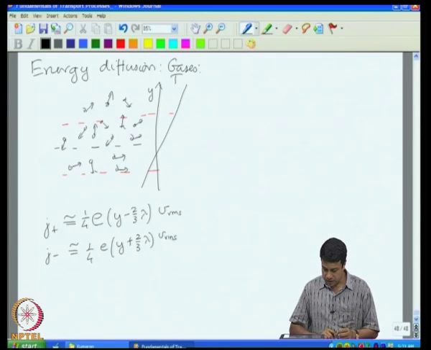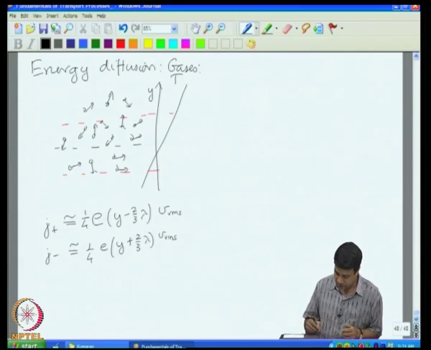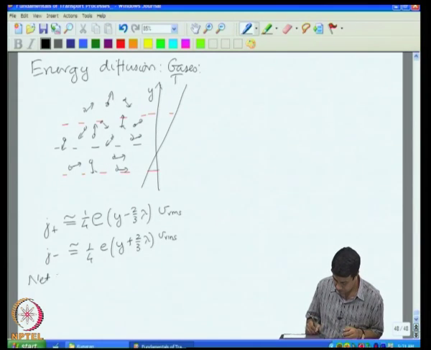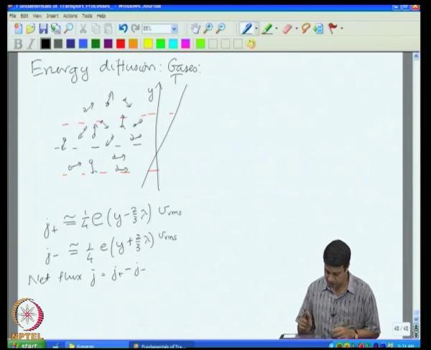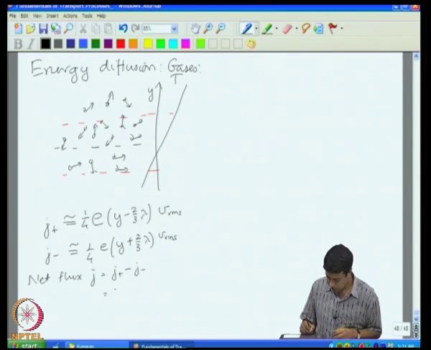The net flux is equal to the flux going above minus the flux going below. So this is equal to 1 by 4 Vrms into E at y minus 2 by 3 lambda minus E at y plus 2 by 3 lambda.